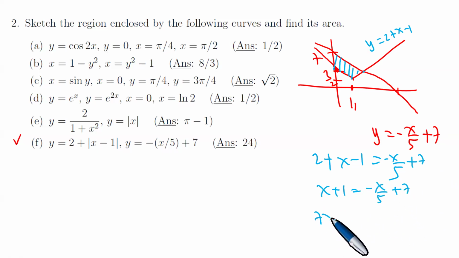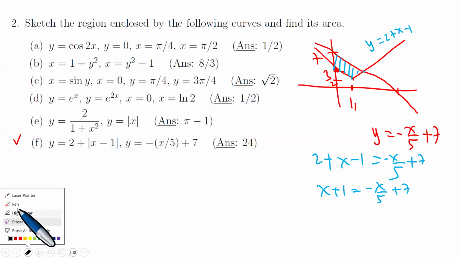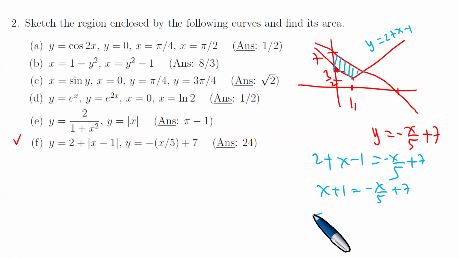Multiply through by 5, get 5x plus 5 equals, you multiply it through by 5. That's what I mean. And if you do, it becomes exactly 5x plus 5 is equal to minus x plus 35.